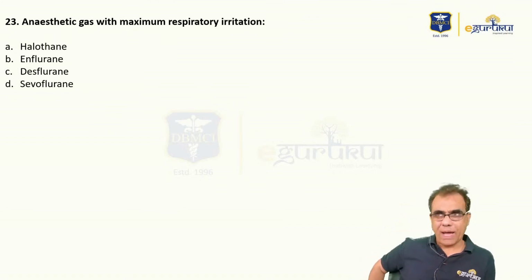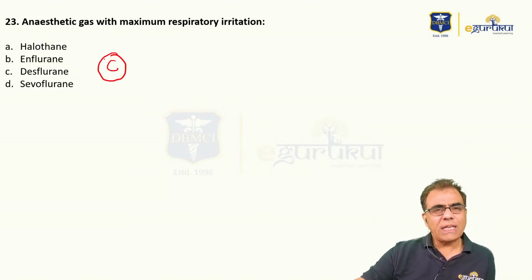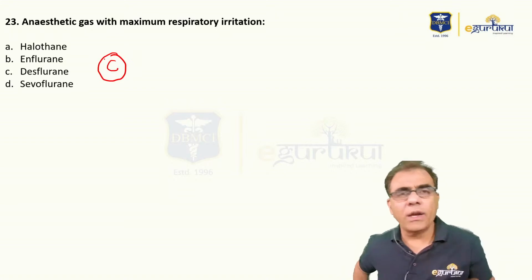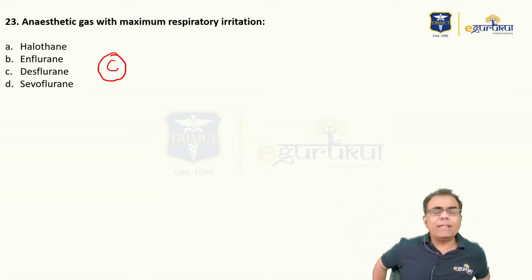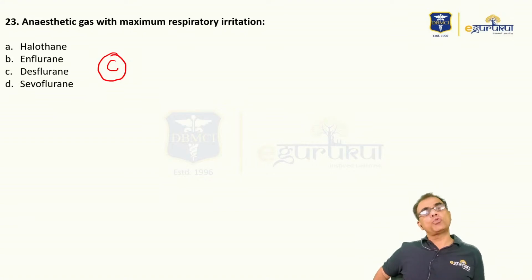Anesthetic gas with maximum respiratory irritation: halothane, enflurane, desflurane, sevoflurane. Desflurane. Desflurane and isoflurane both have irritating induction, and induction can even be associated with laryngospasm or bronchospasm. So they must never be used for induction.